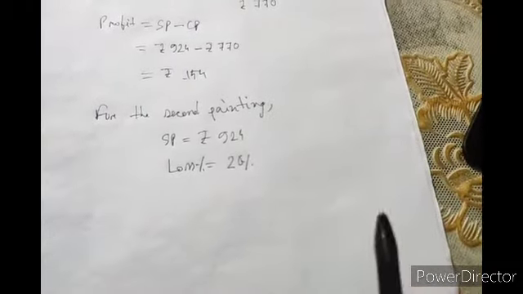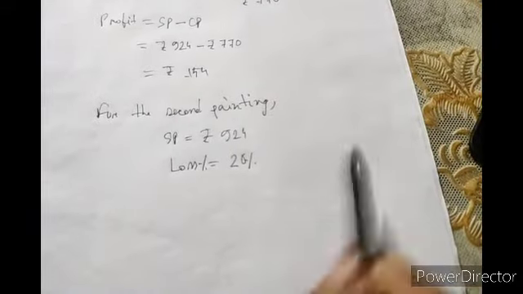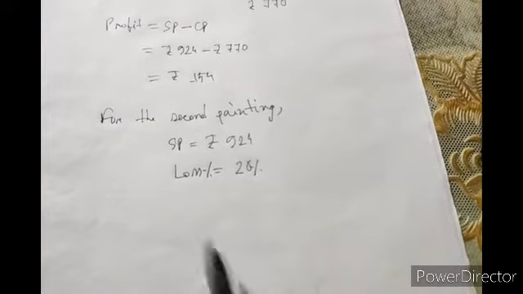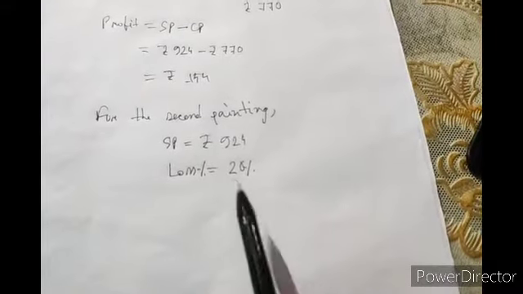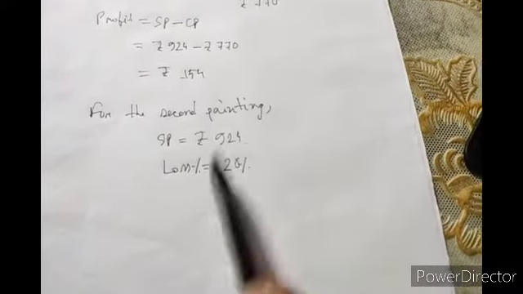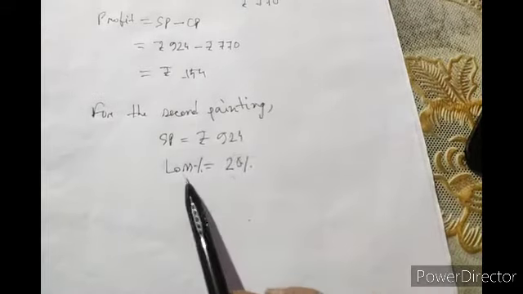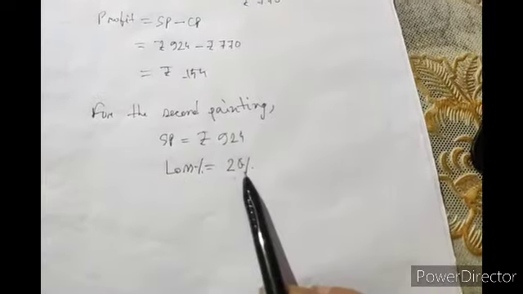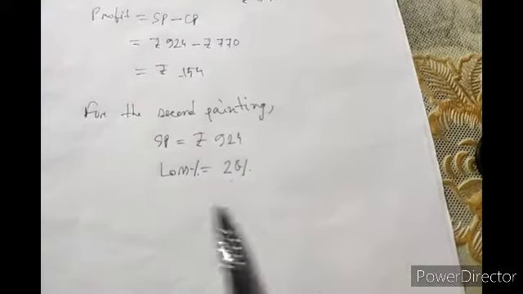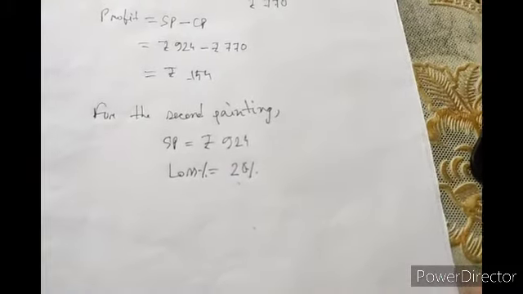Cost price will be more, selling price will be less, then only loss will be incurred. Now 20% will again be compared with cost price equal to 100. Always remember, whenever the percentage of loss or profit or gain is written in terms of percentage, you will always compare with cost price equal to 100.